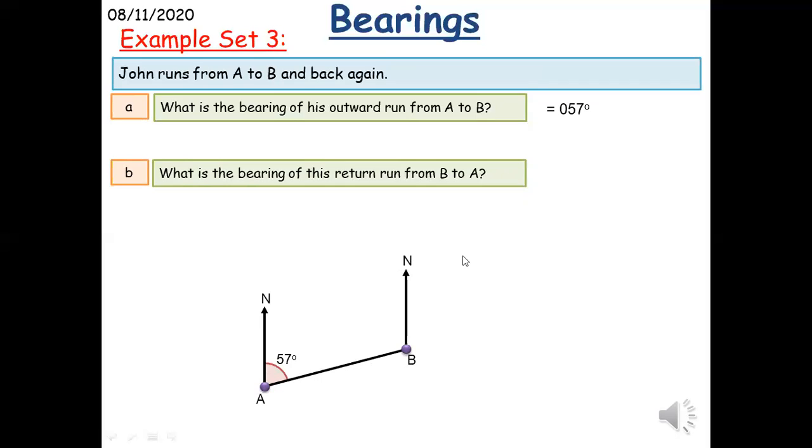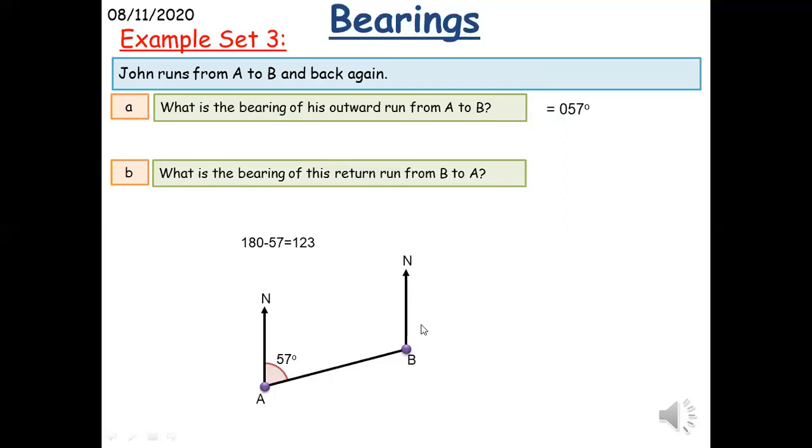And as we know from last year, parallel lines have a type of angles called co-interior angles, which are the interior angles inside the parallel lines. The sum is 180. Since this angle is 57, this angle is going to be 180 minus 57, which is going to be 123.